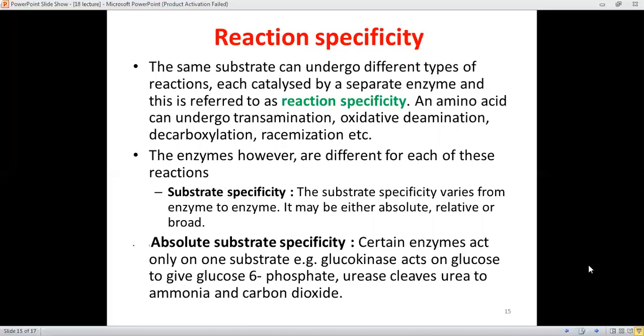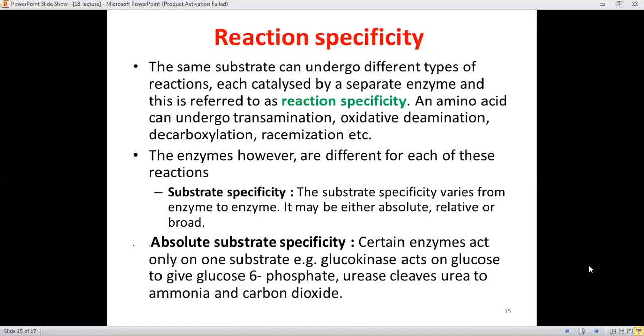An amino acid is one substrate, and this substrate can undergo multiple reactions like transamination, oxidative deamination, decarboxylation, and racemization. The enzymes are different for each of these types of reactions, and therefore enzymes are very specific in catalyzing a certain type of reaction.